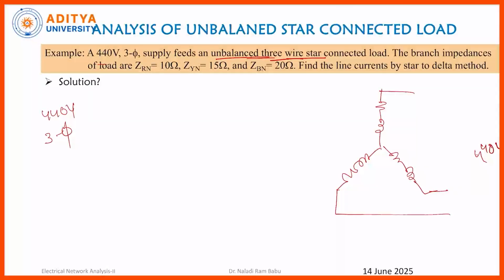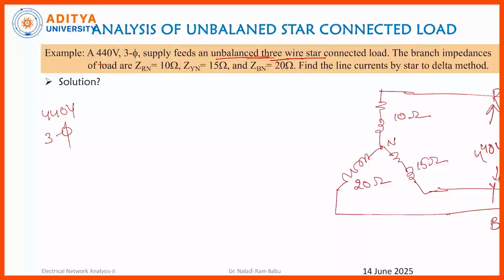The supply is 440 volts, R phase, Y phase, B phase. ZRN is 10 ohms, ZYN is 15 ohms, and ZBN is 20 ohms. Now they asked us to find the line currents by star to delta.